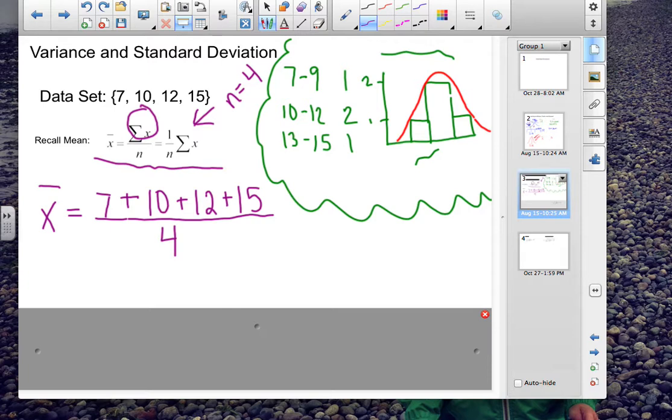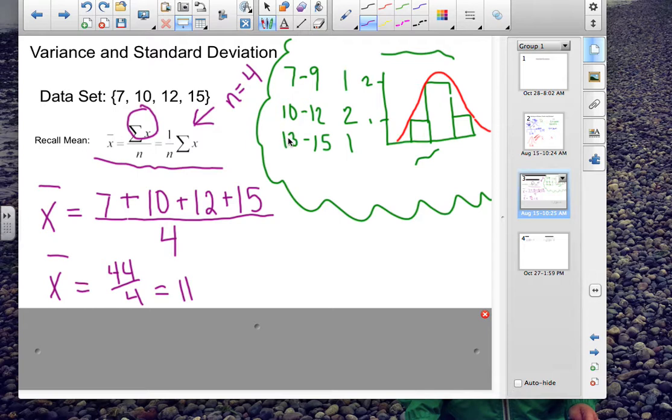So divided by 4. So x bar equals, and I can add those all up and divide by 4. 7 and 10, 17, 29, 44. So 44 divided by 4 equals 11. I know that from the data because my data is symmetric, so I know 11 is in the middle of that data. All right, so the center of this distribution is 11.